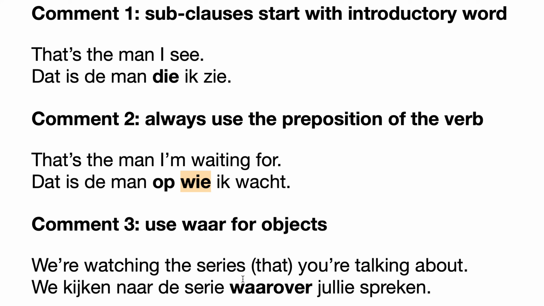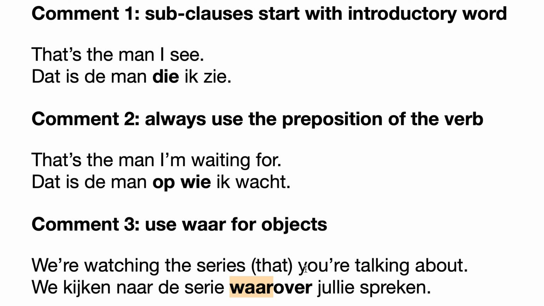And as we've seen with the questions, this waar will be put in front of the preposition. We kijken naar de serie waarover jullie spreken. In English, you don't need to say anything, but in Dutch, you do need to use this waarover. Why? Because the talking has a preposition, and you have to put the waar in front of the about, so it becomes waarover.